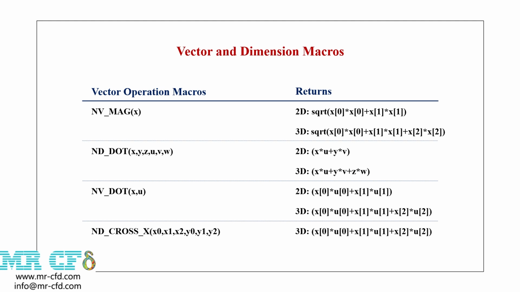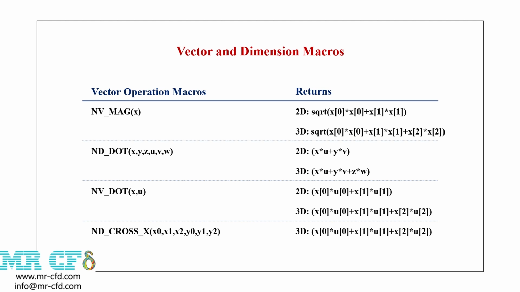That is, it performs the same mathematical operation, with the difference that in ND macros all components are defined as separate arguments and mathematical operations are performed directly on the arguments themselves. But in NV macros, vectors are defined as arguments and mathematical operations are performed on the components of the arguments.